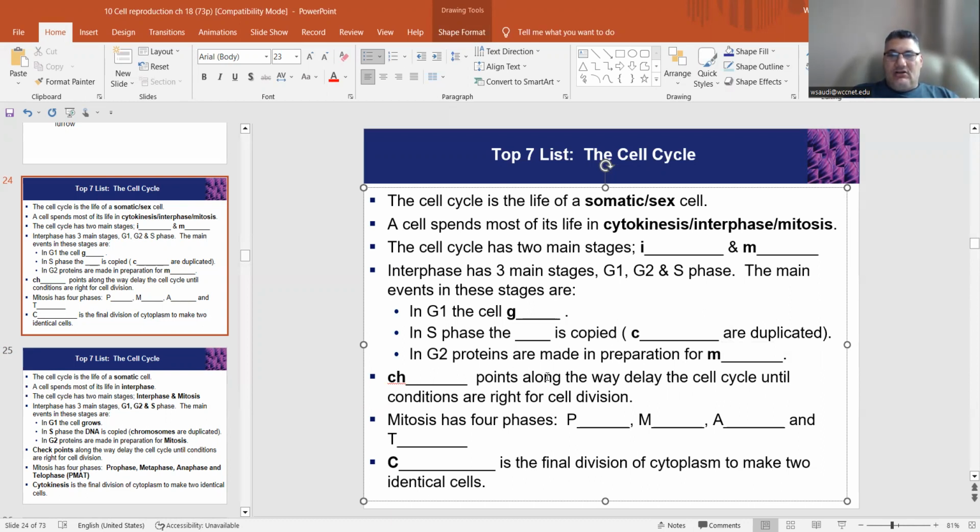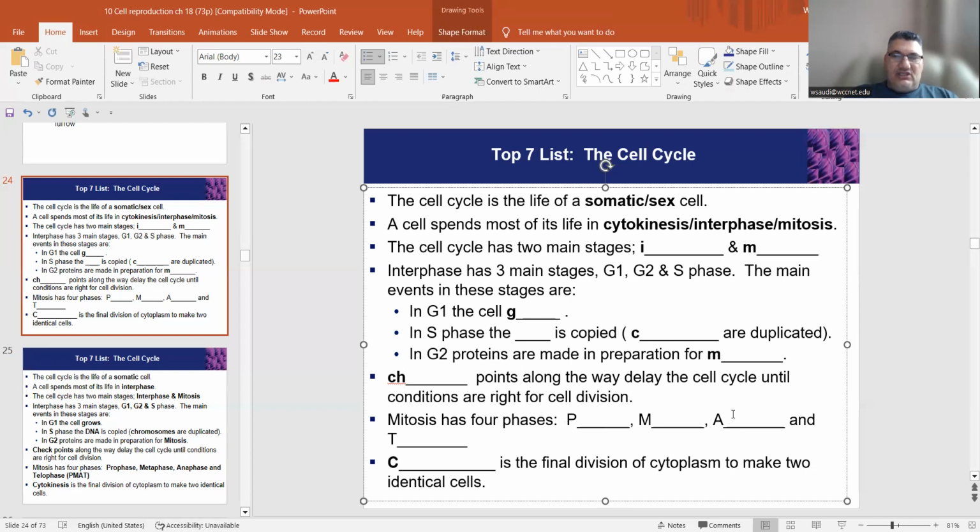Which points here would delay and it actually can stop moving from one to the next? Checkpoints, yes. And I mentioned checkpoints for the tumors. If somebody has a problem with the checkpoints, they can develop tumor because they delay and they stop you.